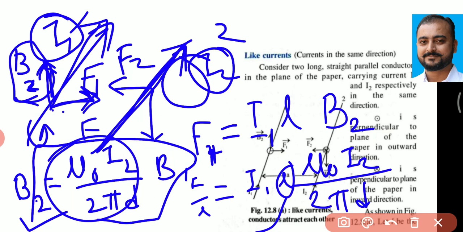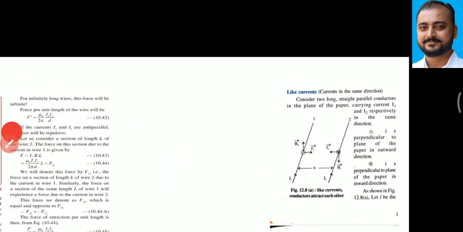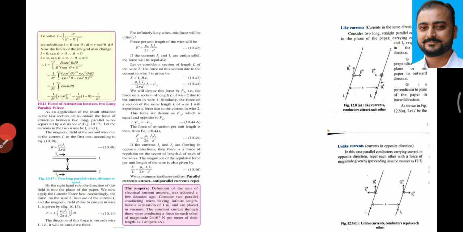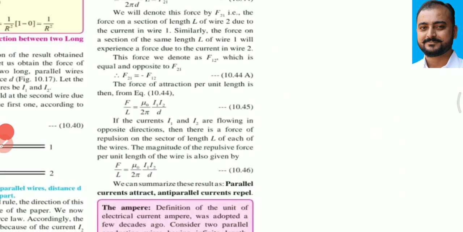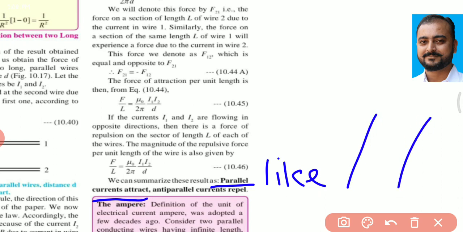We say they are attractive forces. For parallel currents, or like currents, these two parallel conductors attract each other because of the forces directed towards each other.